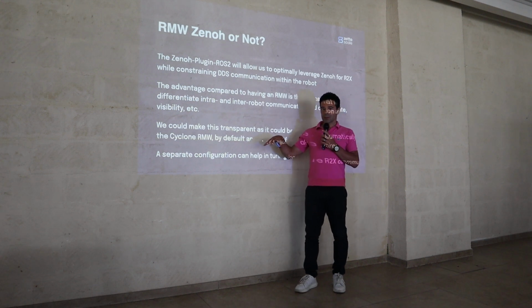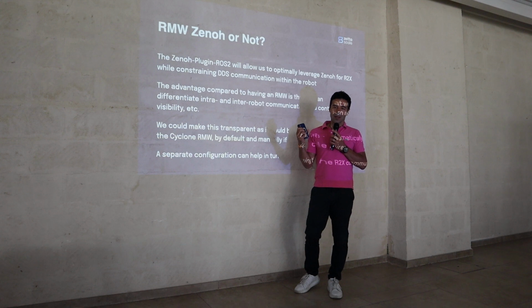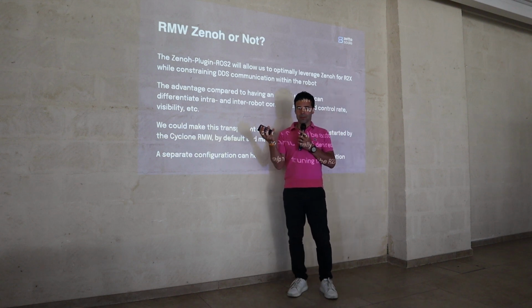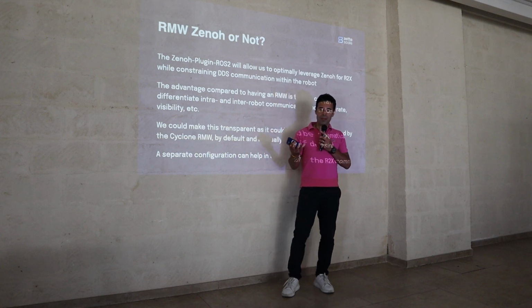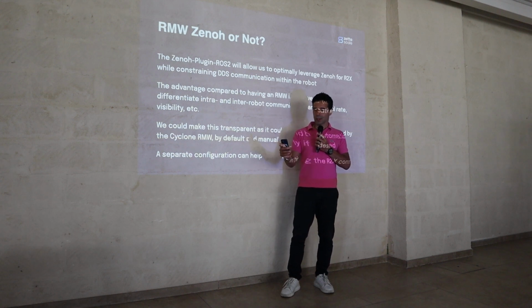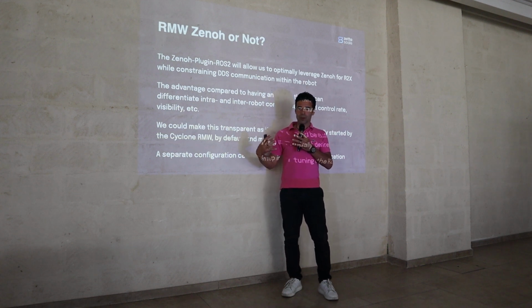So the plugin that we have made, in terms of runtime overhead, essentially has zero runtime overhead because of the zero copy. At the same time, having a plugin that can control the data that you expose outside the robot, can do QoS changes, can do downsampling or downrating, gives you a way of controlling in a very precise way how you expose data outside of the robot, which is quite important because in our experience sometimes we have some information produced within the robot that doesn't need to be exchanged at exactly the same rate outside of the robot.